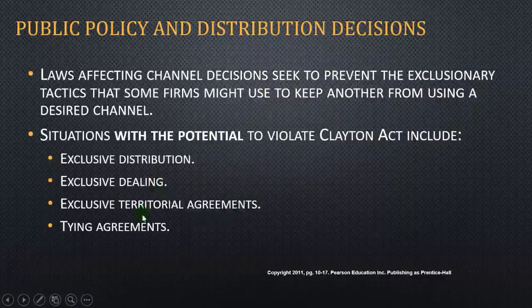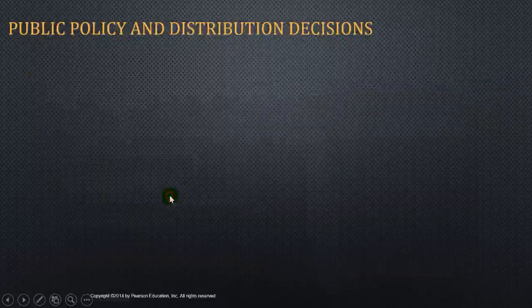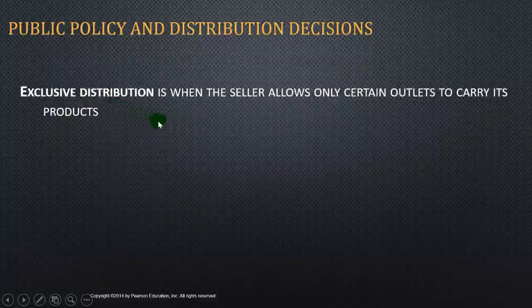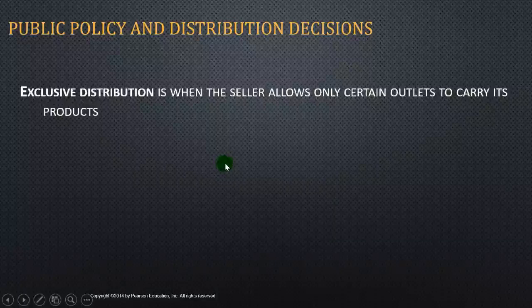So what do they mean for each? For the first, exclusive distribution is when the seller allows only certain outlets to carry its products. It's very exclusive, right? Only some outlets can sell their products, while the other outlets cannot. Usually it's for something very exclusive, like automobiles and prestige clothes.